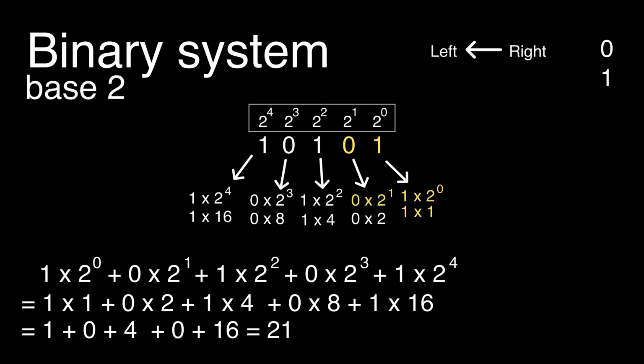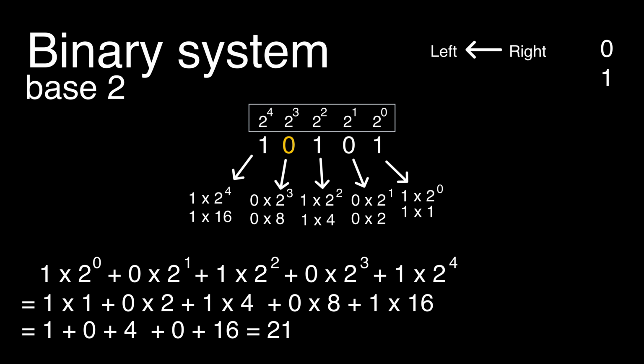The next, to the left of it, is 0 multiplied by 2 to the power of 1, which is 0 multiplied by 2, which is 0. The third bit from the right is 1, and is 1 multiplied by 2 to the power of 2, which is 1 multiplied by 4, which is 4.